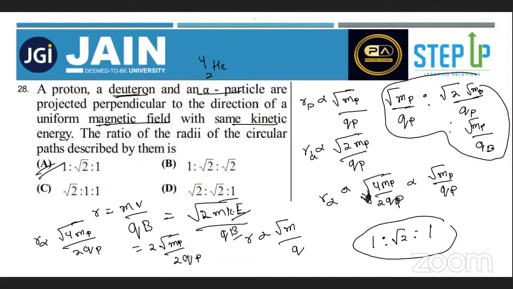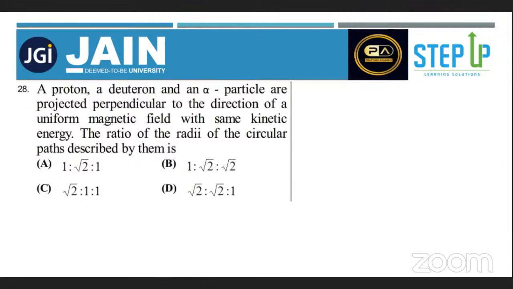So 2 gets cancelled because under root 4 is 2. That's why I've written this. That's right. Oh, sorry, sir, my mistake. Okay. Fine. So first is the option. Next one.